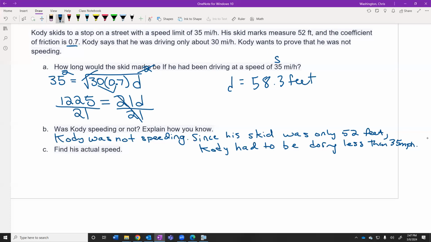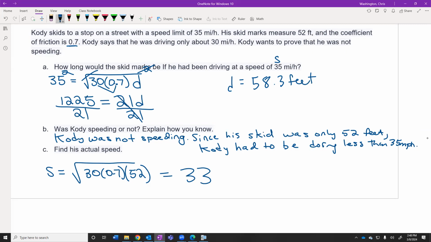Part C: can we actually calculate his actual speed? Yes, we know his skid length. So S equals, and if you did the physics thing the other day, you really just did part C. You didn't do part A, which is okay. We get the square root of 30 times 0.7 times his actual skid length, 52. We can type that in the calculator exactly like it looks to determine how fast he was traveling when he locked the brakes down.